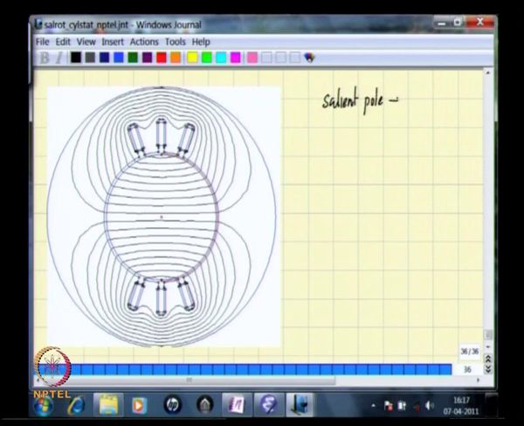what we have achieved through the two reaction theory is that we are considering the effect of the salient pole rotor as having been produced by two cylindrical rotors with different air gaps, one air gap that we designate as LGD, another air gap that we designate as LGQ.